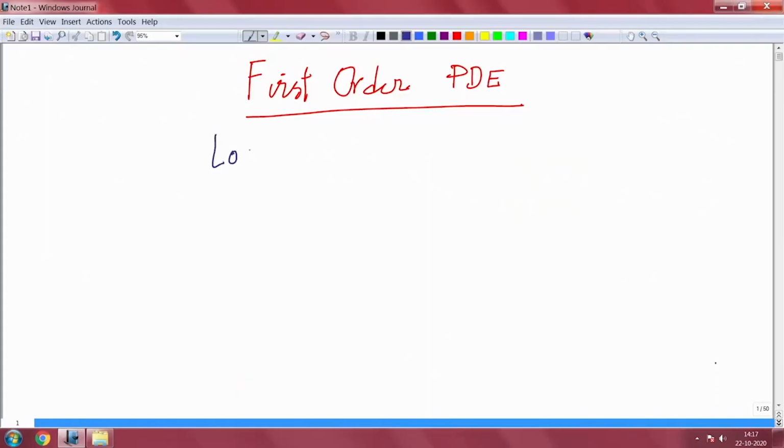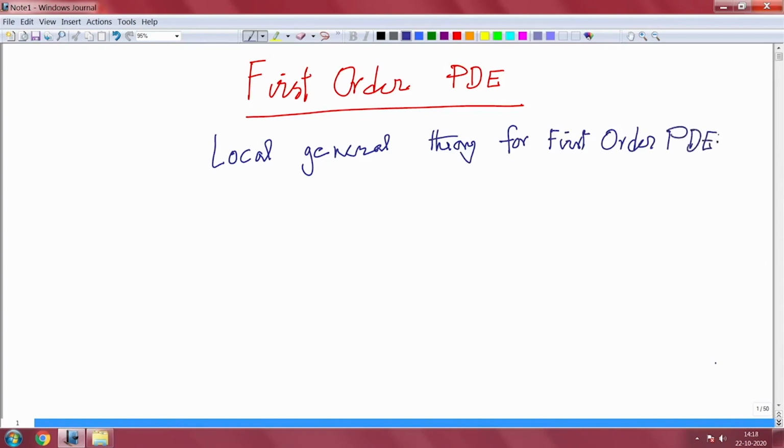In the introductory talks I told you that developing a general theory even for linear equations is not feasible, but there is a local general theory for first order PDE. And that is the aim of this first part on first order equations.